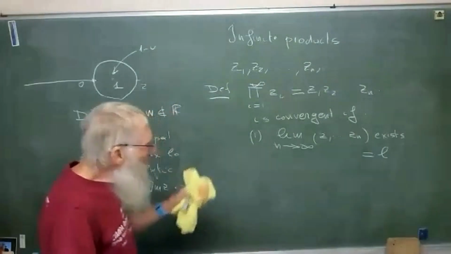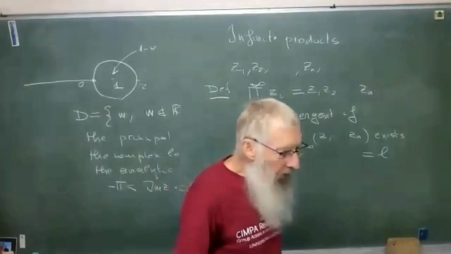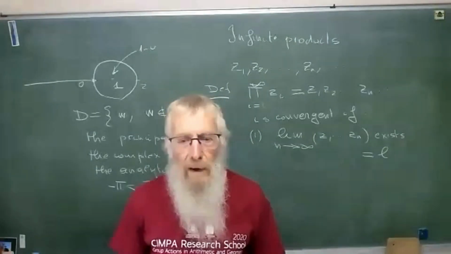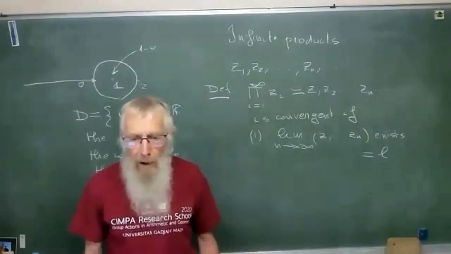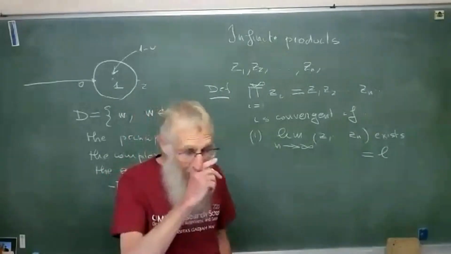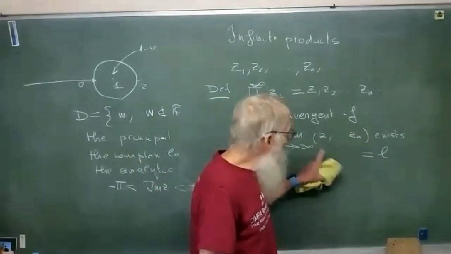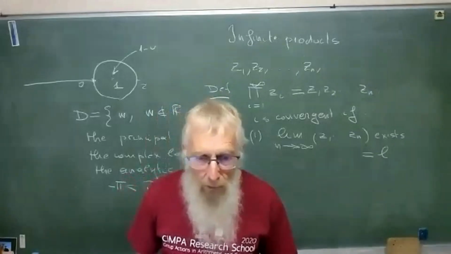So there is a problem with one of the Z which is 0, but there is another problem, which is that when we have a product, we want the product to be 0 if and only if one of the elements is 0. And it may be that the product has a limit, this limit is 0, and none of the Zi is 0.